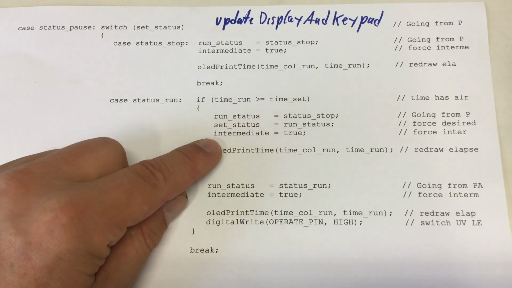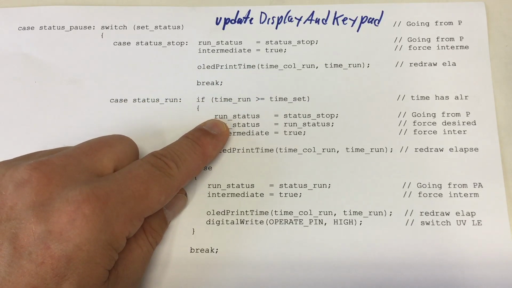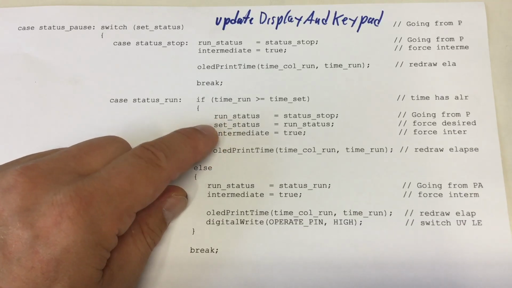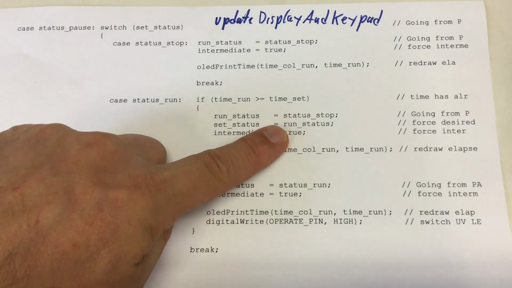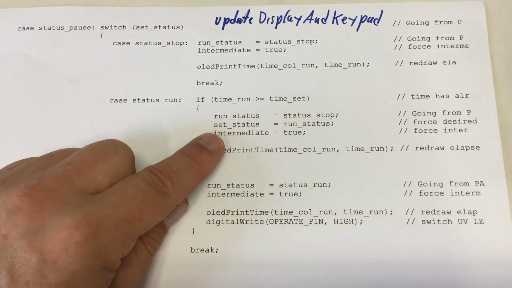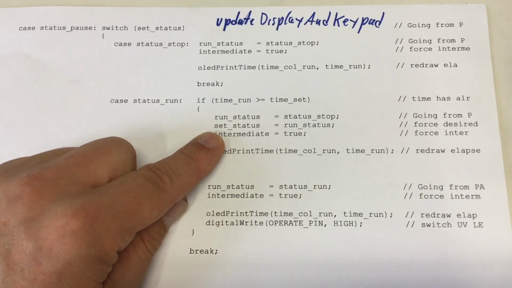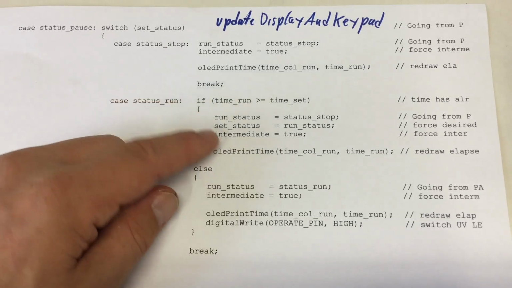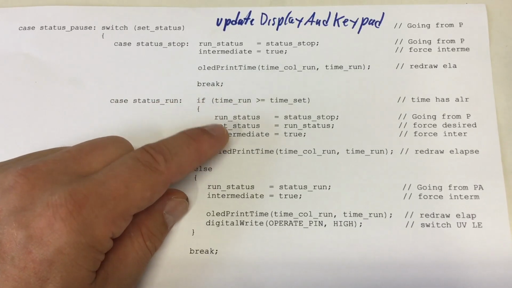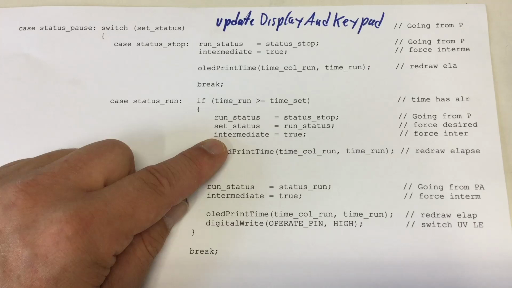So in that case, I will go immediately to the run status stop and set my set status also to that run status.